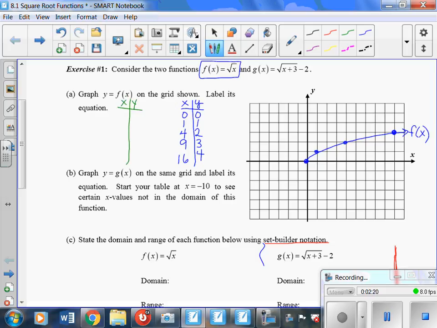If you do this in your calculator and you have numbers negative 10, negative 9, negative 8, all the way down to negative 5 and negative 4, these are going to yield errors in your calculator because they're going to yield numbers here, remember g of x is the one we're doing now, that are going to be negative. So you're going to get a nice big error in there. So we're going to do the same thing here. We're just going to write down those nice numbers.